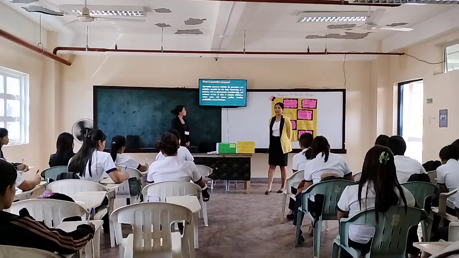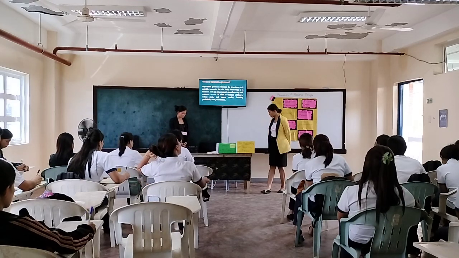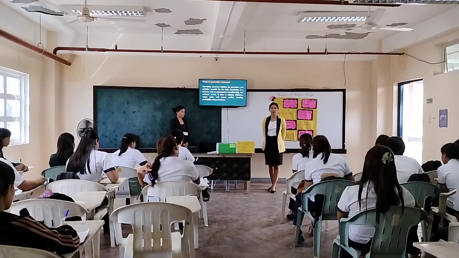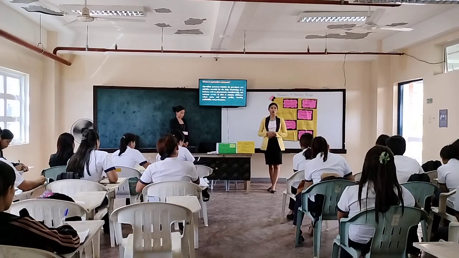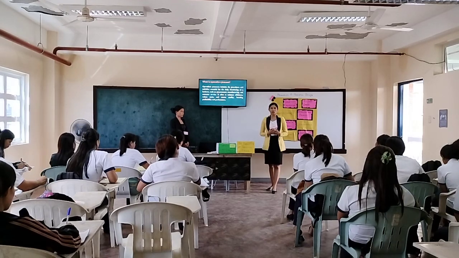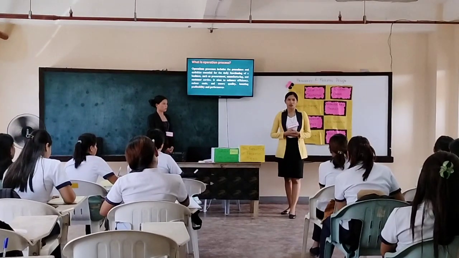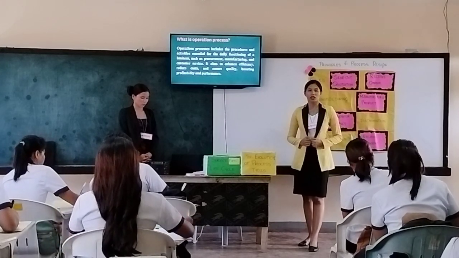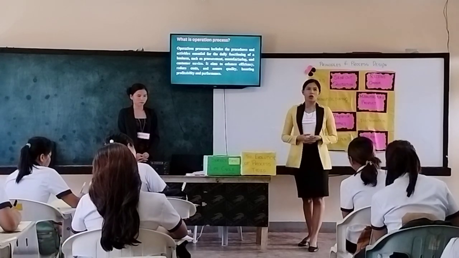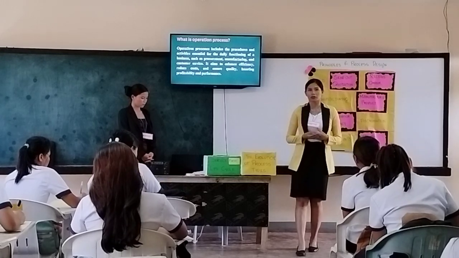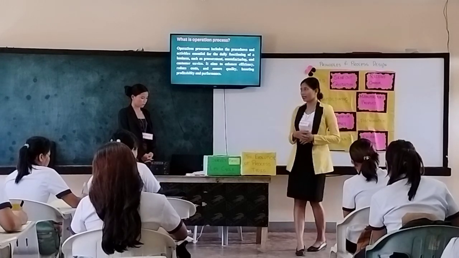So the operation process is the series of steps on how organizations or businesses accomplish their goals or objectives. They include planning, monitoring, and executing their plans so that they have successful business goals or business operation in the future.